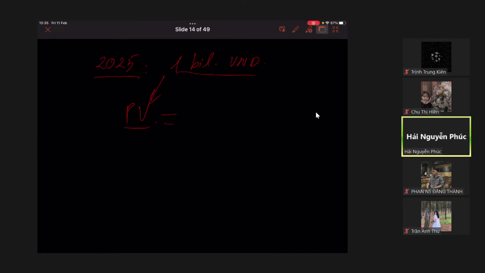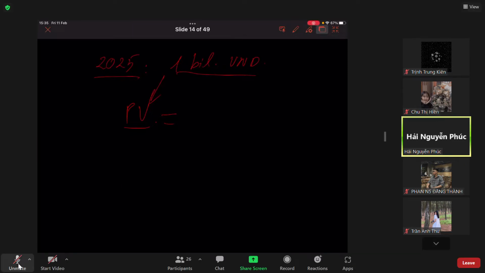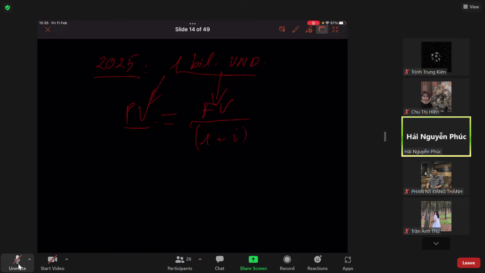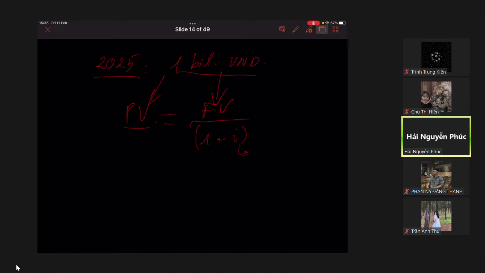Tell me, please. How will you do it? Yeah, the information about the future value is given. It is 1 billion. 1 billion is the future value, right? Divide by 1 plus the interest rate, right? What do you think? How much is the interest rate? Which kind of interest rate can be used in our example?